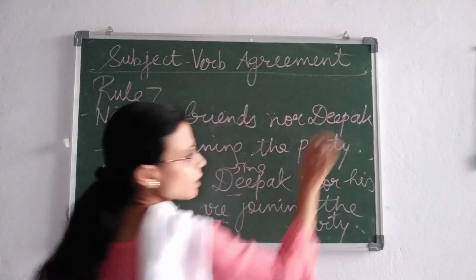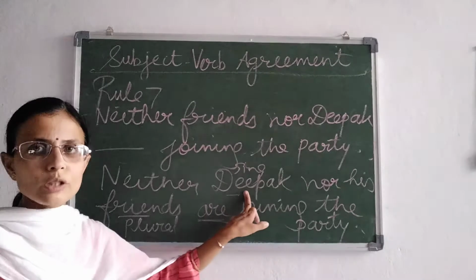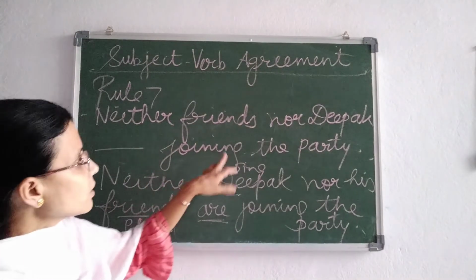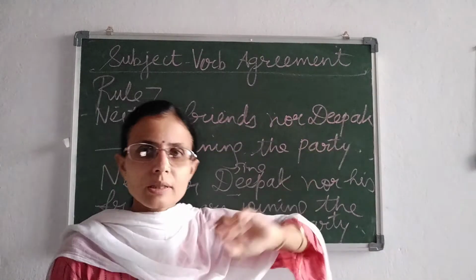Now here in this sentence we have reversed. Here singular subject was first and plural subject was second. But here I have done the reverse. Plural subject is first and singular subject is second.